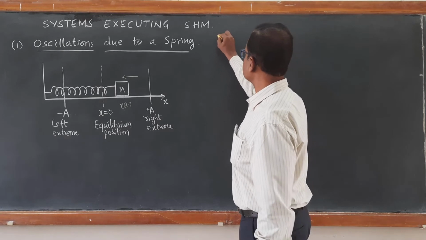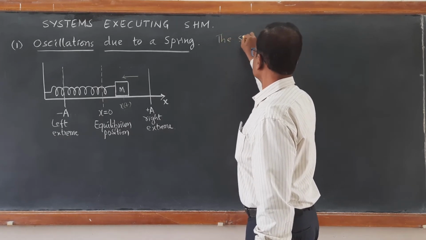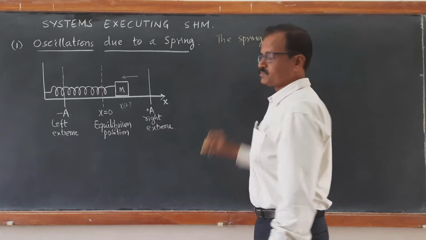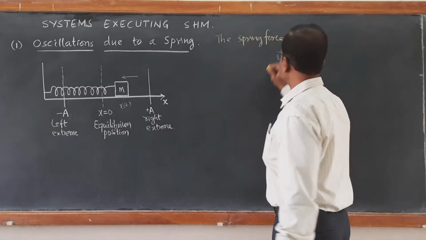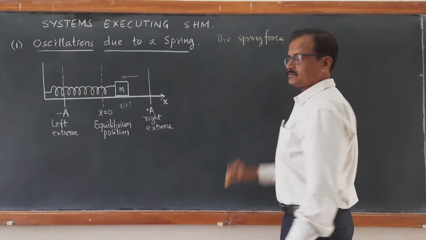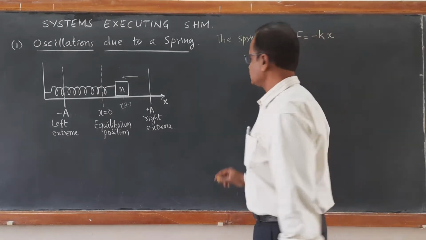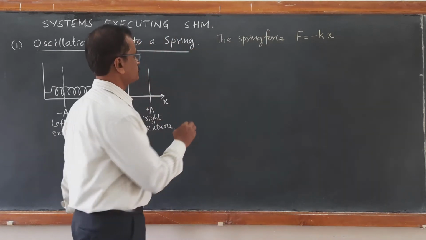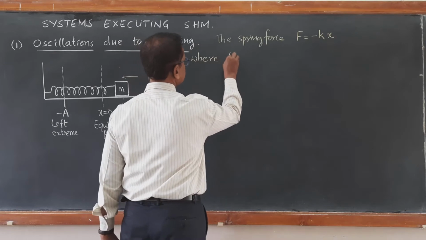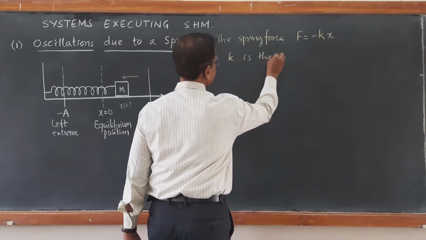The spring force F is equal to minus kx, where x is the displacement and k is the spring constant.